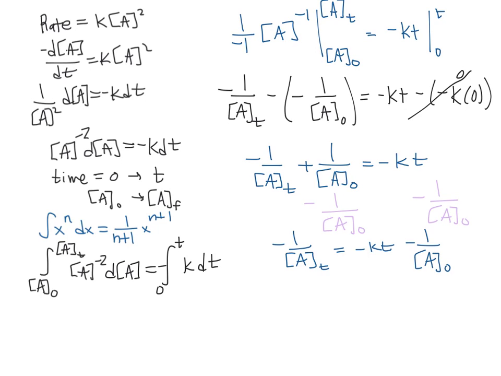And what we're going to do is just divide the entire equation by -1, which eliminates all of these negative pieces. So that is our integrated second order equation.